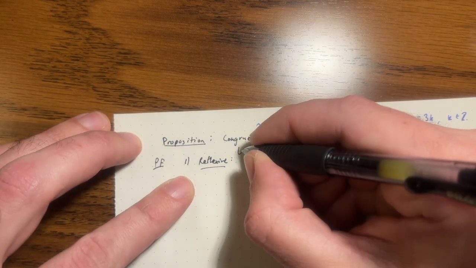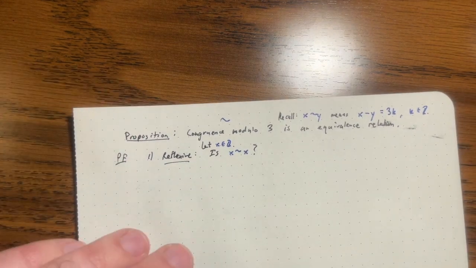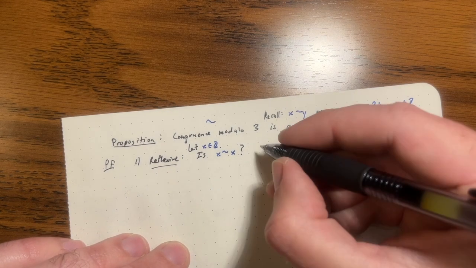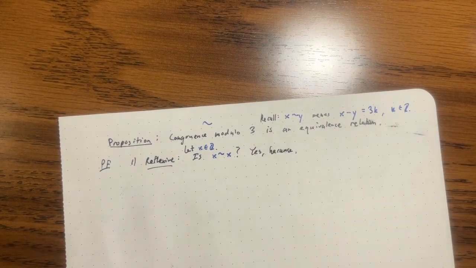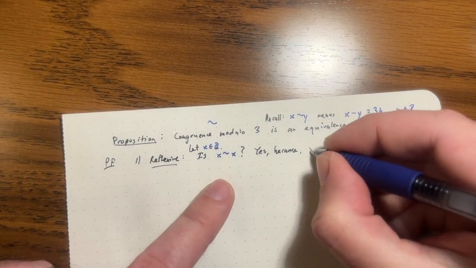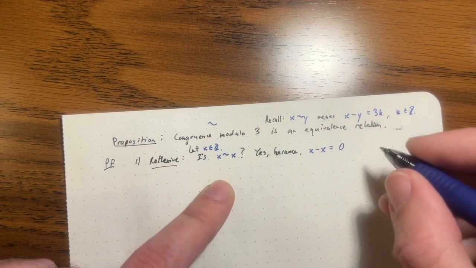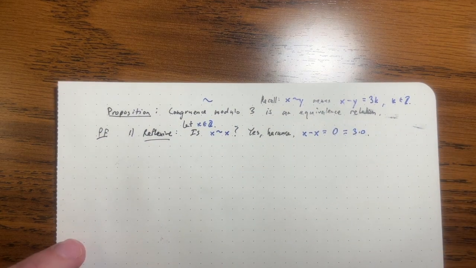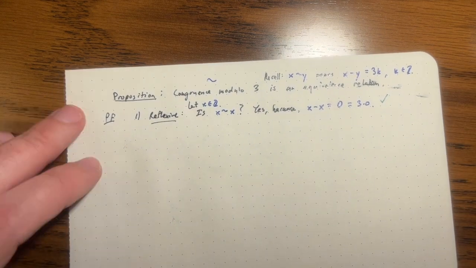I'll let x be in Z. Is it congruent to itself? Yes, because, how do we show that? We have to use the definition, right? What is x minus x? That's obviously 0, but 0 is a multiple of 3. So that checks out.